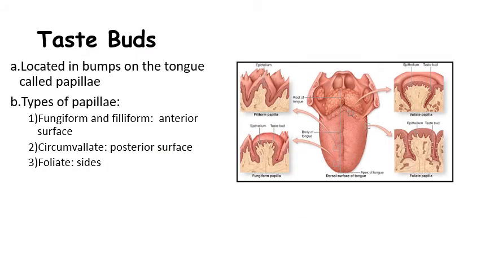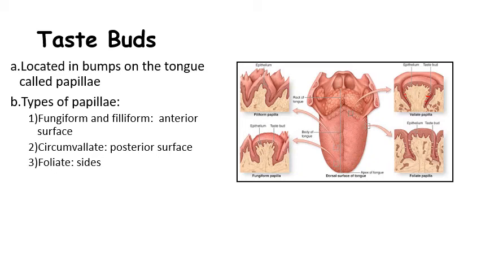So we can see those taste buds that have those sensory cells are spread out throughout the tongue region. We have the different papillae that form up the taste buds, and you can see the vallate and foliate here. These little speckles here are where you see the taste buds.